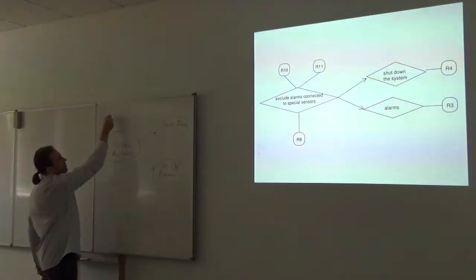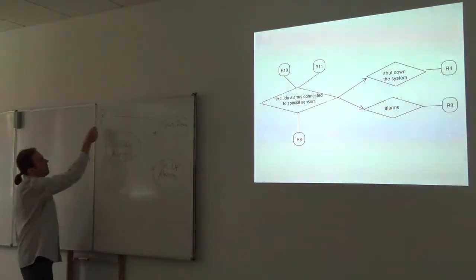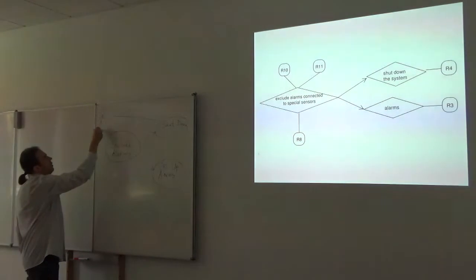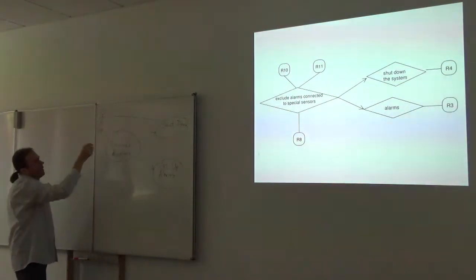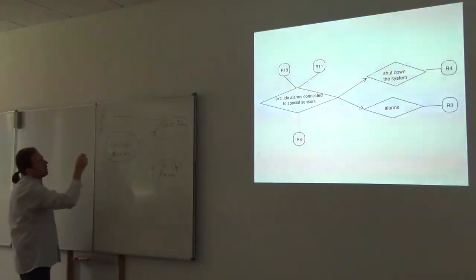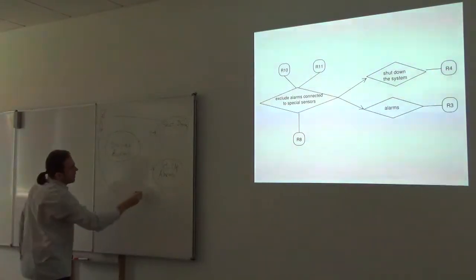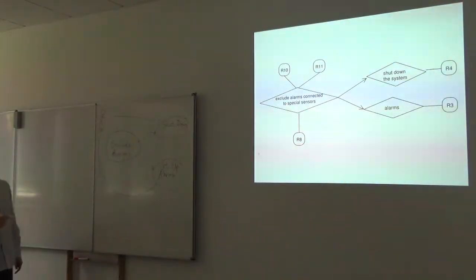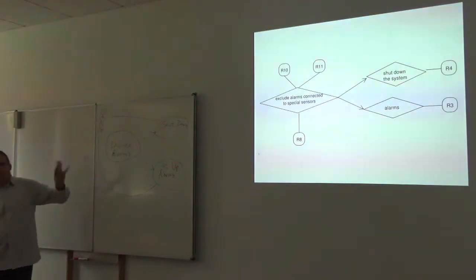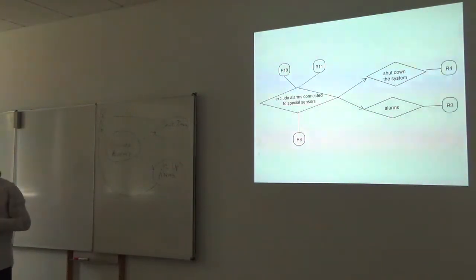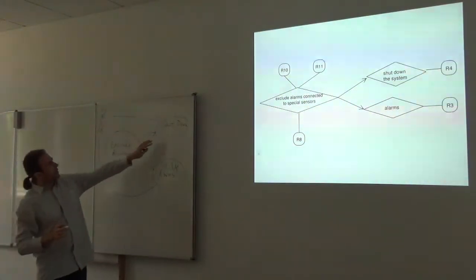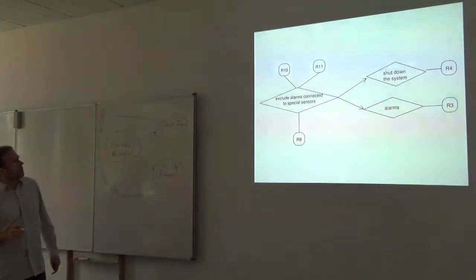I would rather connect it to this one because our client, or system operator, shuts down the system, and also he sets up the alarms. And this is something that happens more or less automatically according to these two actions.